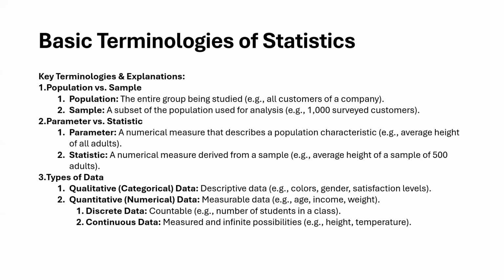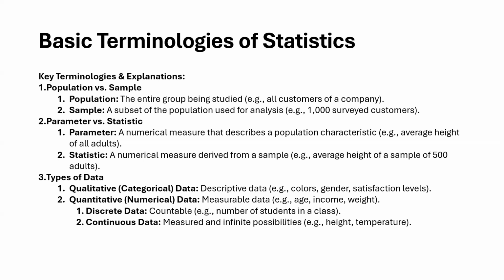Great. Okay, so now let's come to a very, very important part of statistics. How will you interpret your data? There are different types of variables that we have in the data. In general, there are only two types, qualitative and quantitative.